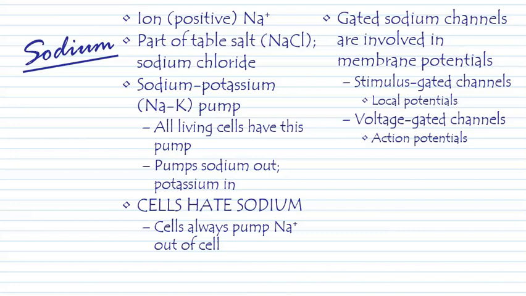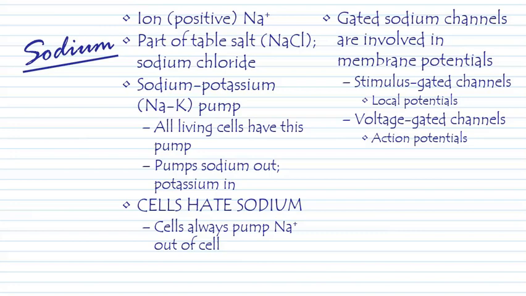They know that sodium is a component of table salt, which otherwise is known as sodium chloride, and sodium potassium pumps, and cells hate sodium because they're always pumping sodium out. That's just a little phrase I give my students to help them remember which way sodium is going to move and where in the body you would find sodium. You find it outside of cells, not inside cells. And that could be explained by this sort of made up idea, this analogy that cells hate sodium.